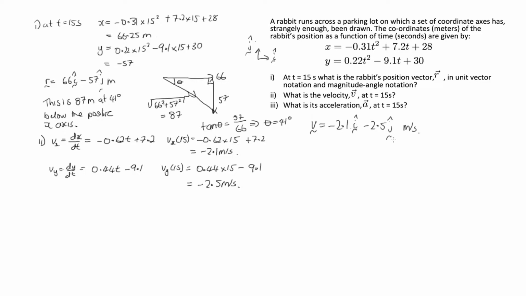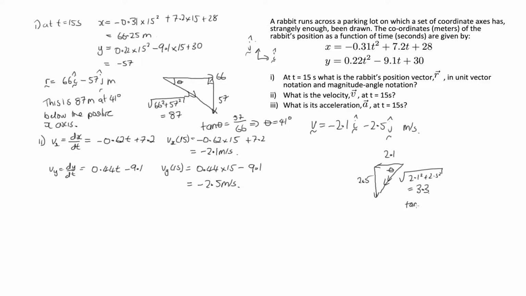And if we want it in magnitude angle, then let's sketch a little diagram. We've got 2.1 going to the left and 2.5 going down. So we want to evaluate this: square root of 2.1 squared plus 2.5 squared. Evaluating this, we end up with 3.3. And then we also want this angle.